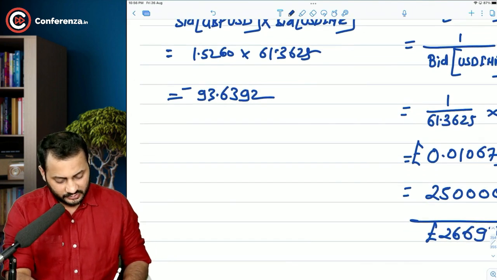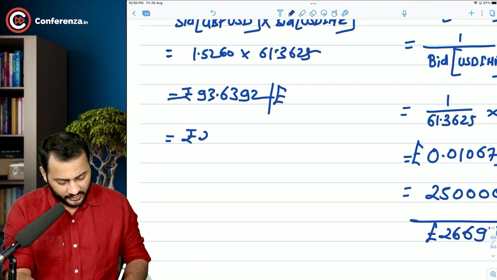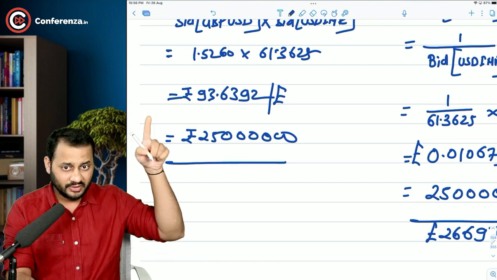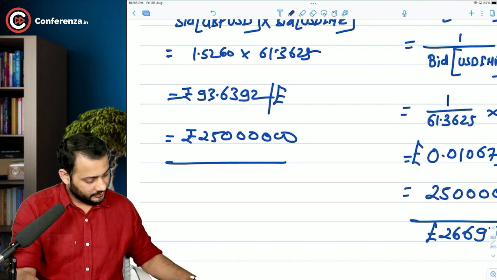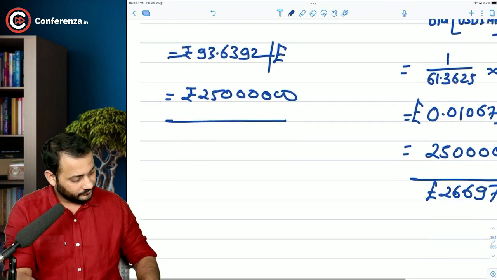So this is rupees per pound, and now you need 25 million rupees. So both the currencies are in rupees. Divide it. 25 million divided by 93.6392.